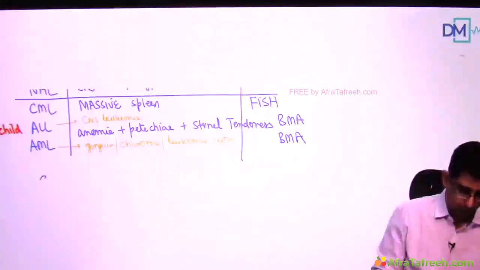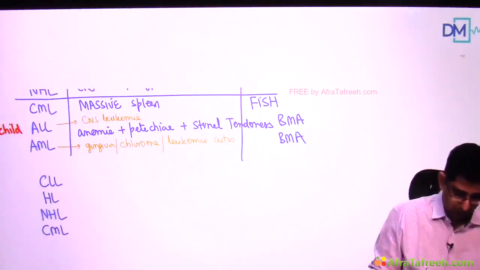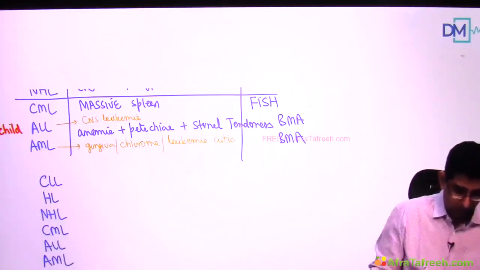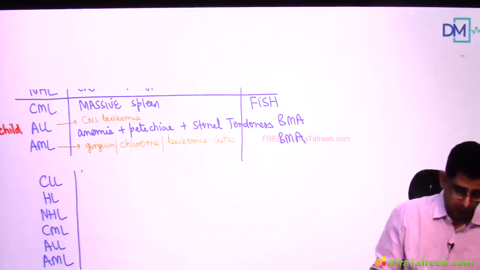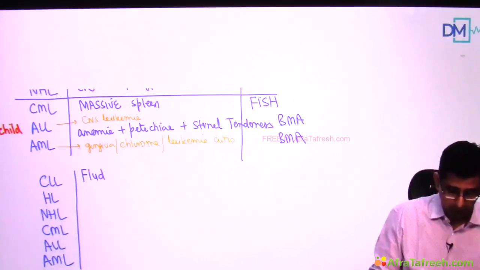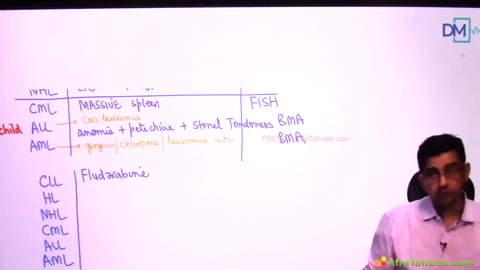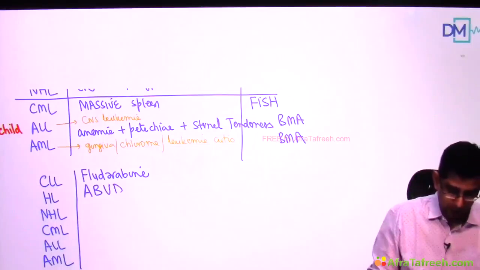I'll now be mentioning the treatment algorithms for each one of them. This is purely from a pharmacological perspective, though I have talked about stratification of patients into good prognosis or low risk or high risk patients. For CLL, it was FCR, that is fludarabine, cyclophosphamide, and rituximab, with the main drug being fludarabine. For Hodgkin's, it is adriamycin, bleomycin, vinblastine, and dacarbazine.